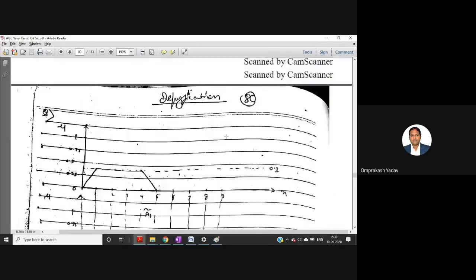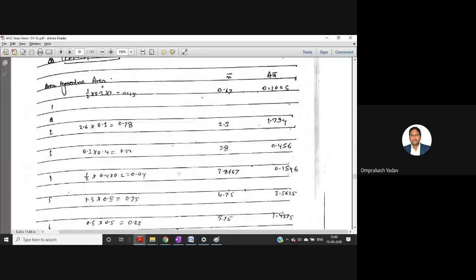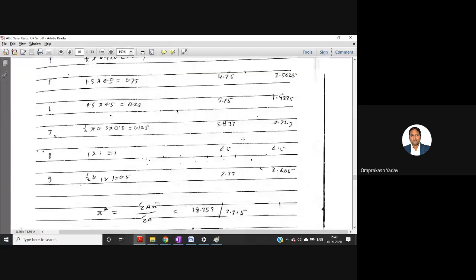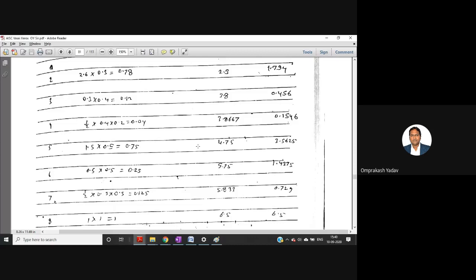Till here, if you have any doubt, you can ask me. After finishing that controller design, we will finish our fuzzy part.